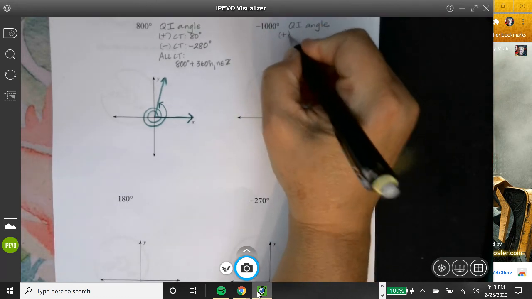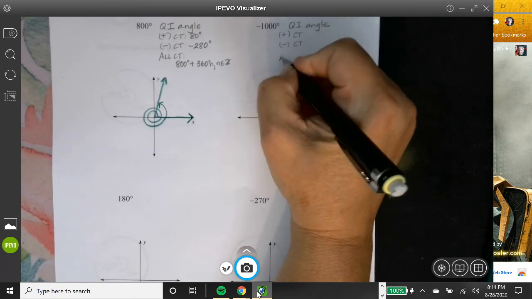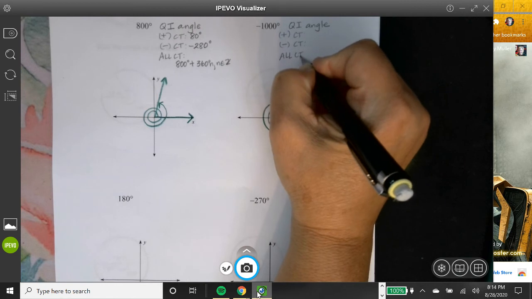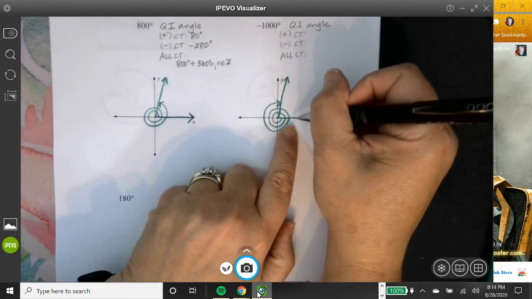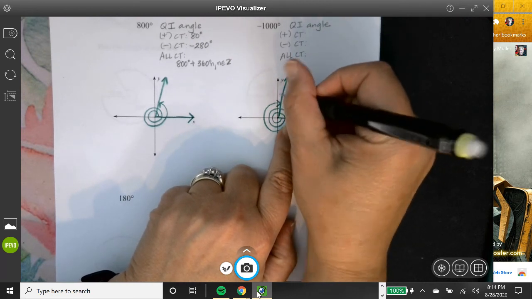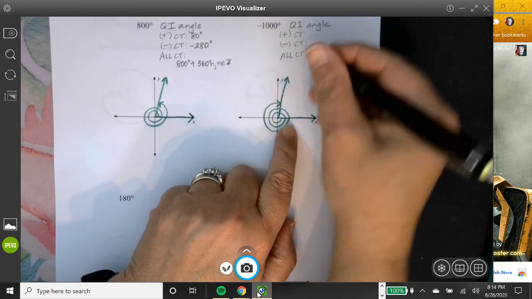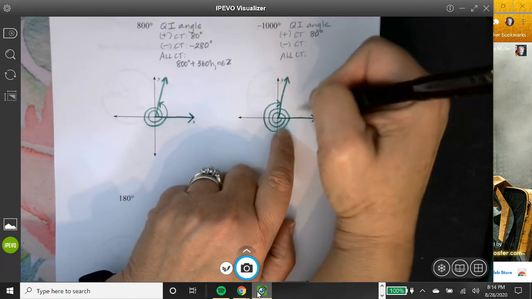Positive coterminal, negative coterminal, and an expression for all of them. Okay, so a positive coterminal could be that I start at this initial side, end at this terminal side. And if I went 280, I went 10 beyond here. So this would be 80 degrees in the positive rotation direction.